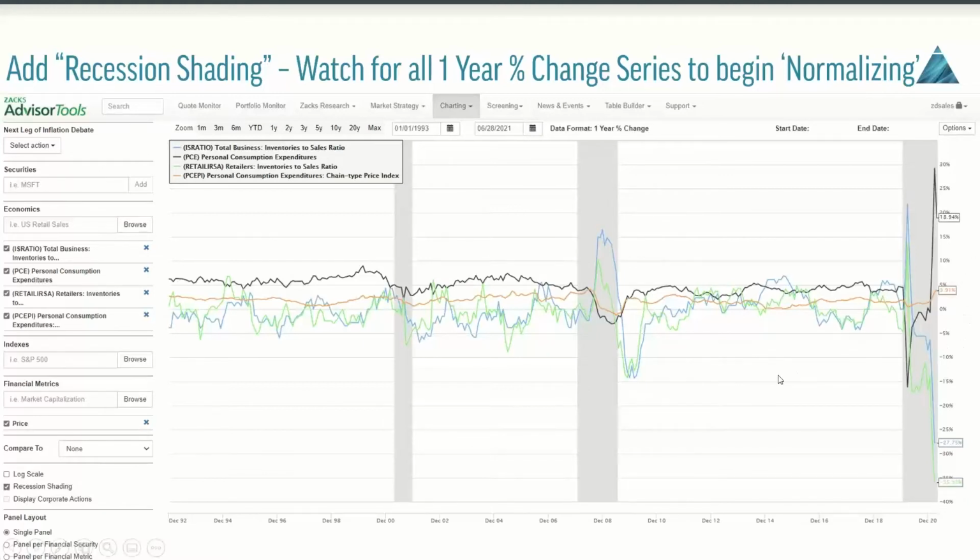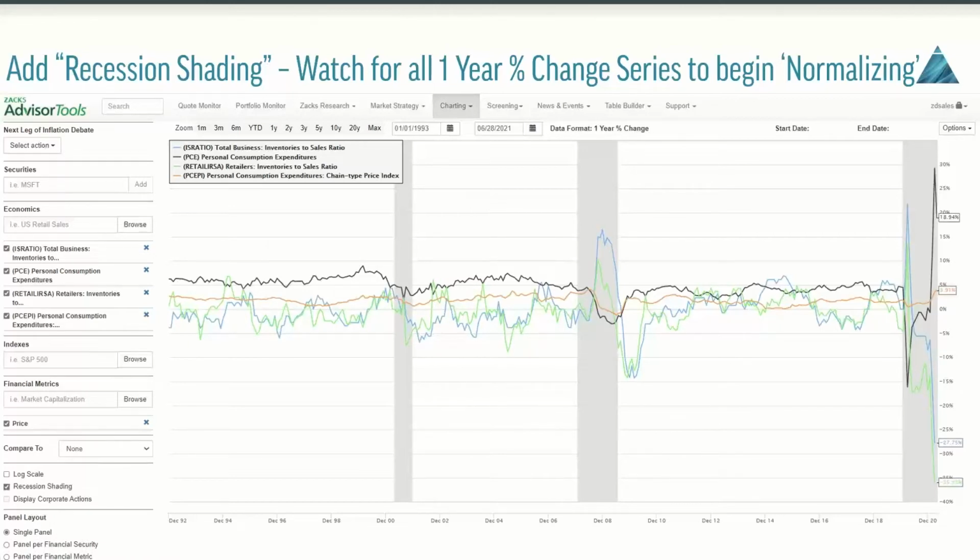So extremely important. This chart is extremely valuable, especially when you add to it the recession shading. So I've gone ahead and saved this off here, and I've called it the next leg of inflation debate. And you can save this off on your own, create it. If you have questions, reach out to us.